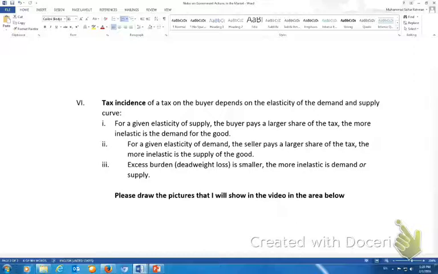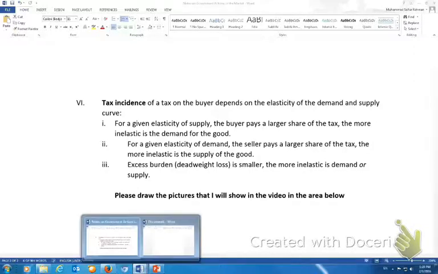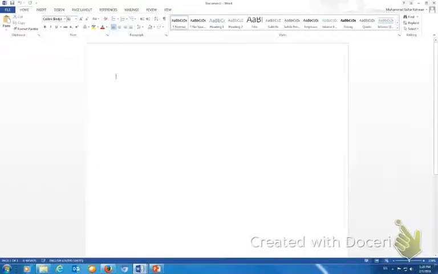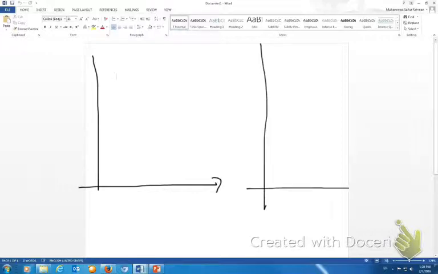Because now we are going to go back to our blackboard or whiteboard, and we are going to draw a two market model case. This time, however, our demand curve will have the same elasticity in both cases.